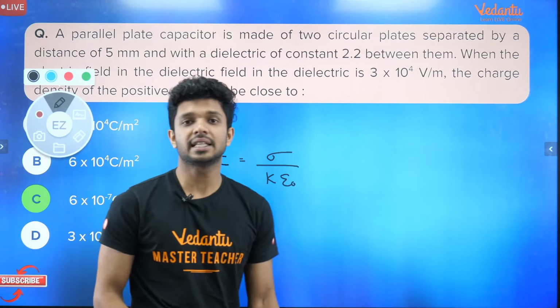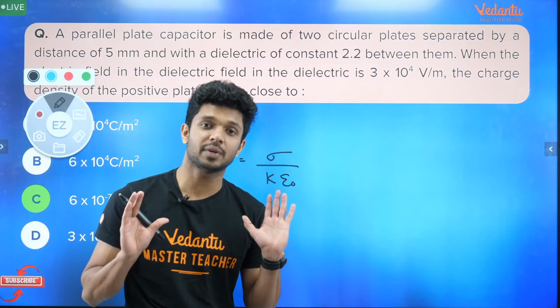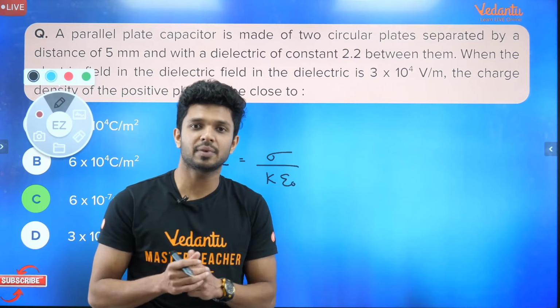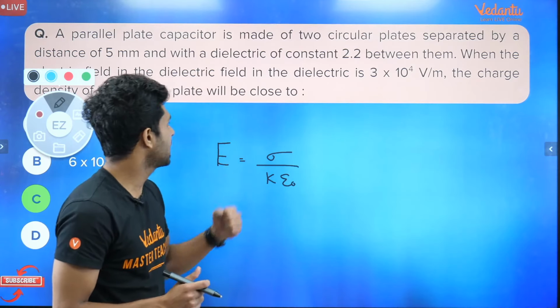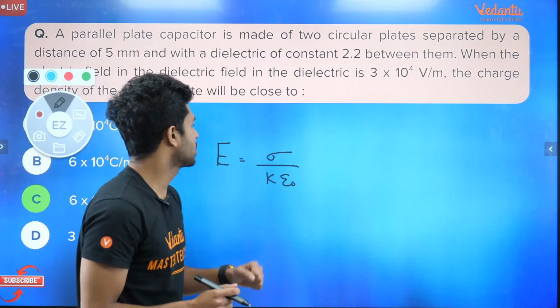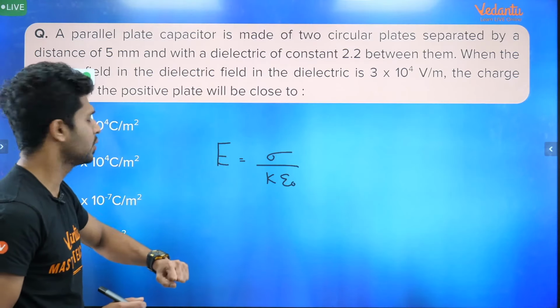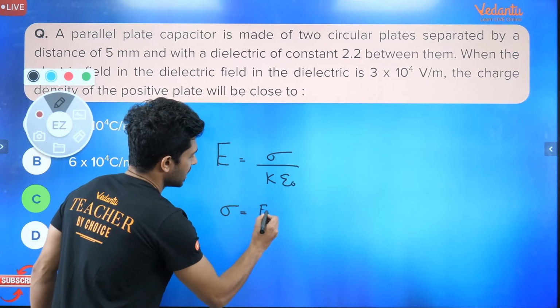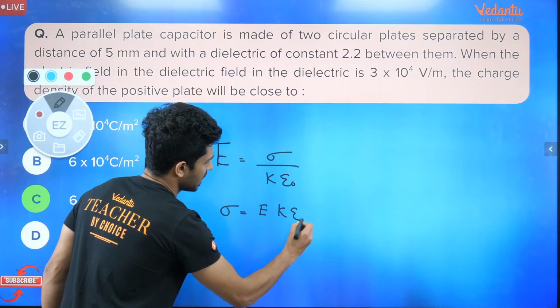I hope you remember, this was the theory we discussed in the previous question also. So the electric field in between the plates, if a dielectric is kept, is given by sigma divided by K epsilon 0, right? Yes or no? Yes. So we want to find out the sigma only. So how will you find out the sigma? Sigma is equal to electric field into K into epsilon 0.